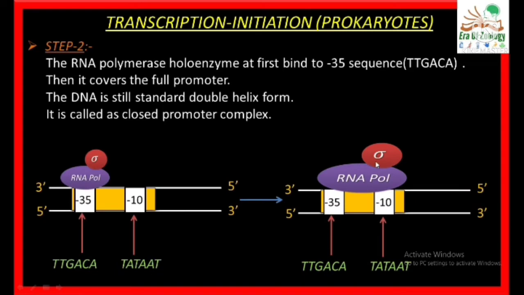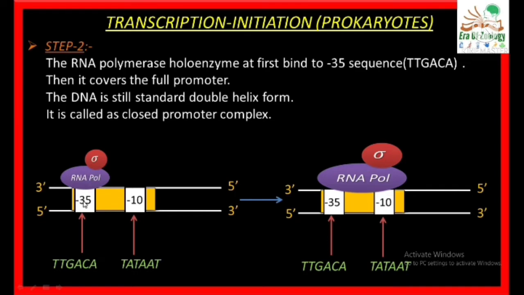In the second step, in this schematic diagram you can see an optimal promoter. Here you can see the -35 sequence, here the -10 sequence, and here the RNA polymerase along with the sigma factor attached at the -35 sequence.